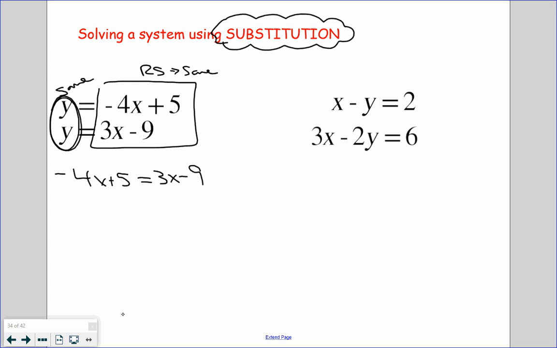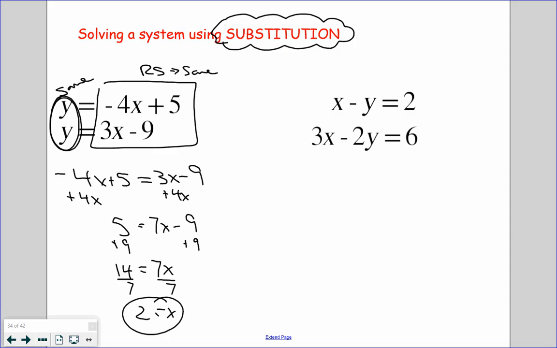So negative 4 is smaller than positive 3, so I'm going to move the negative 4 by adding 4. Now I'm going to add 9 to both sides. So 14 equals 7x. So x equals 2.